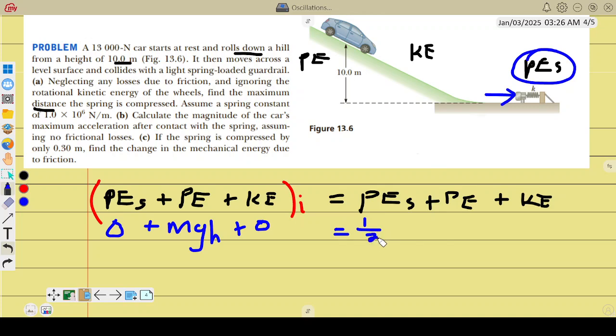So we say half kx squared, the formula for this, plus here now potential energy. So what is the height when the car is down here? The height is 0, so no wonder this will remain 0.